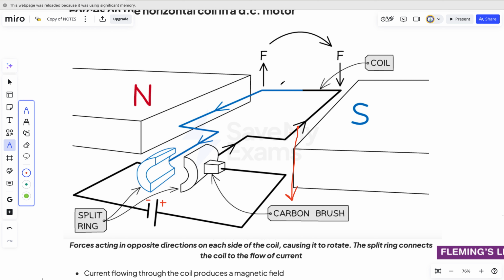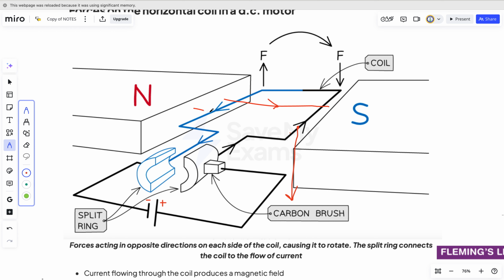Now, why is there no effect here? Because the magnet is not placed here. And moreover, this section is parallel to the direction of the magnetic field. The magnetic field goes from north to south, like this.